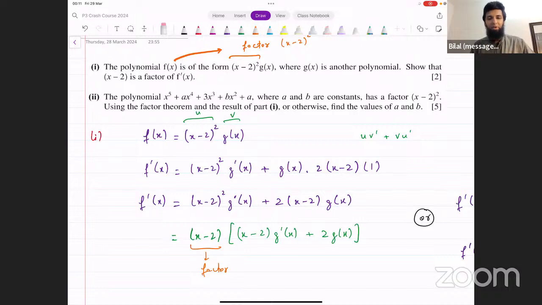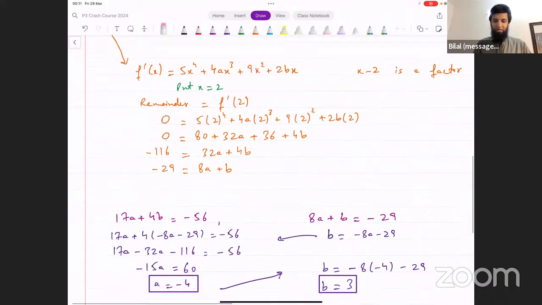And then in the second part, we had a function that had x minus 2 whole squared as a factor. Using the result of the first part, we said that f dash of x, the derivative of this function, should have a factor x minus 2 as well, because that's what we proved in the first part. Any function that has a factor x minus 2 whole squared, the derivative of that would have x minus 2 as a factor. Okay, and that's the result that we used here.